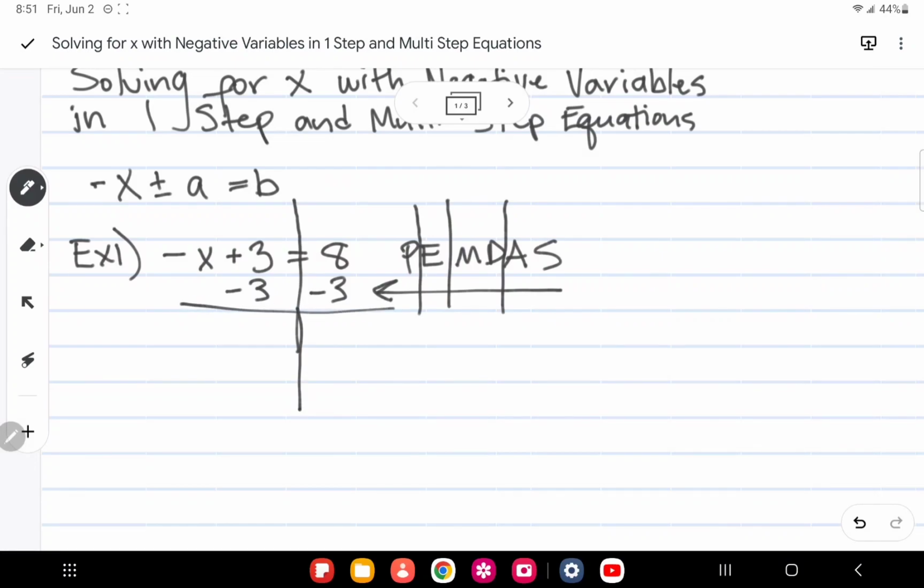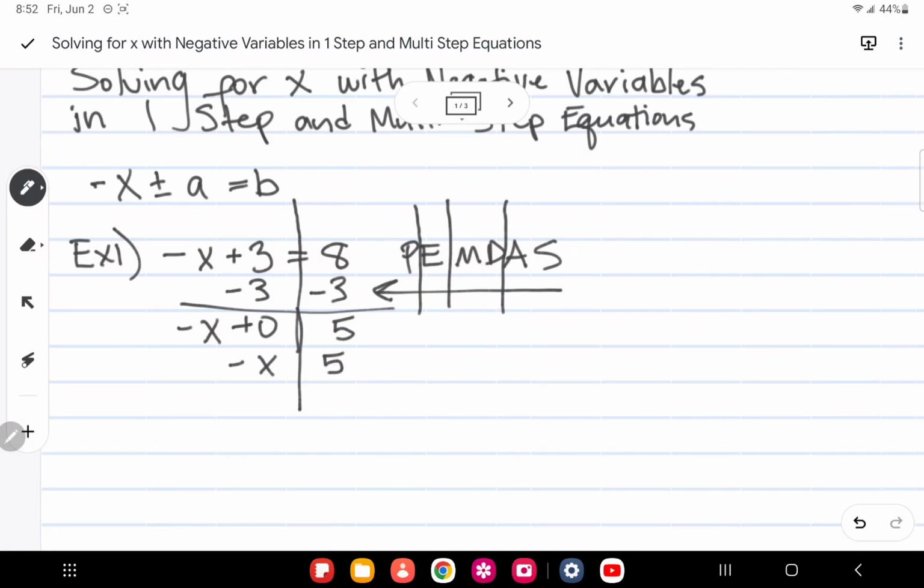Therefore, we get the following. Plus 3 minus 3, that is 0. 8 minus 3, that is 5. And we bring down whatever we did not do anything with, which is the negative x plus 0. Plus 0 can just go away. So we can just rewrite this whole thing as negative x on the left side and 5 on the right.